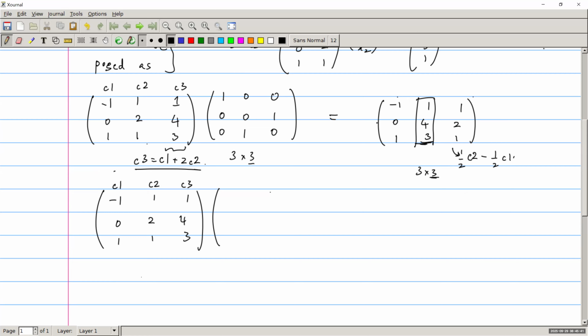Very good. Okay, so here I can write this as column 1 plus 2 times column 2 minus column 3 is 0. And so it would be 1, 2, minus 1 gives me the 0 vector.